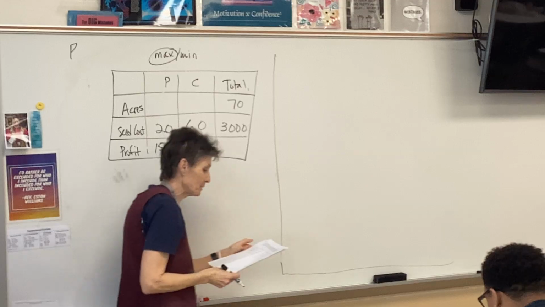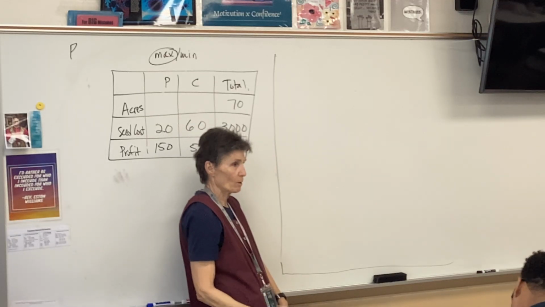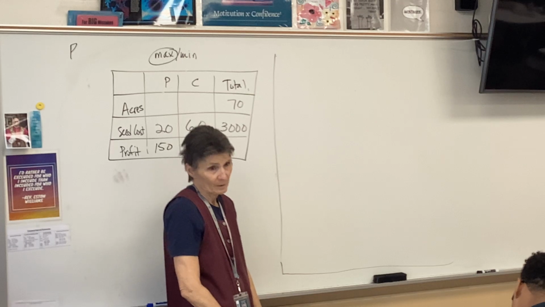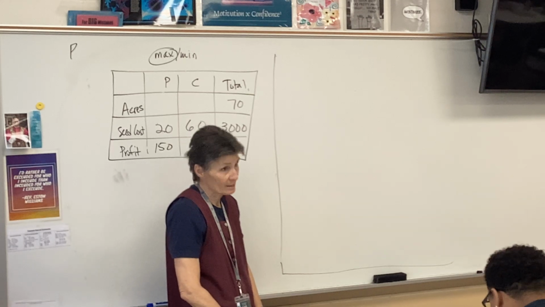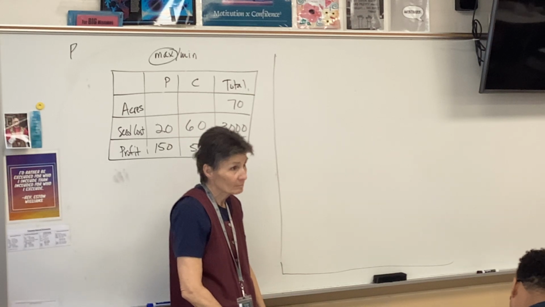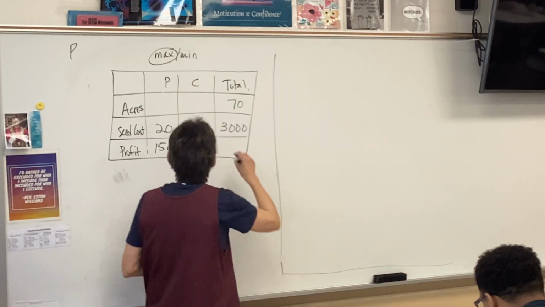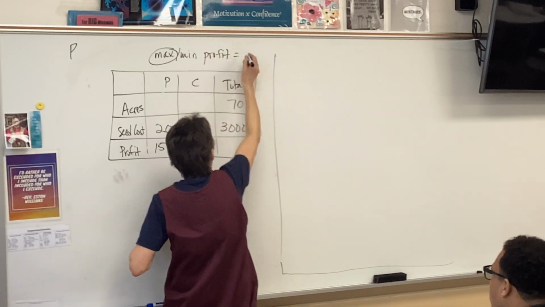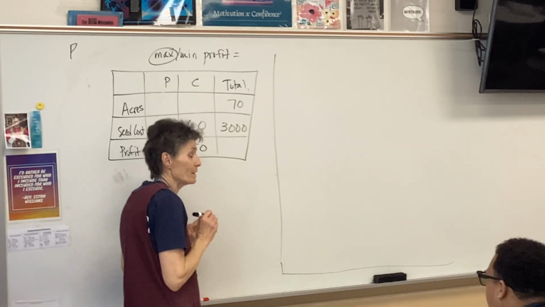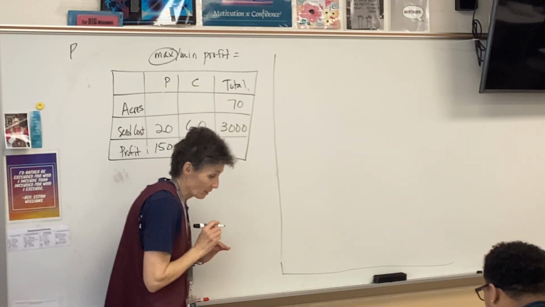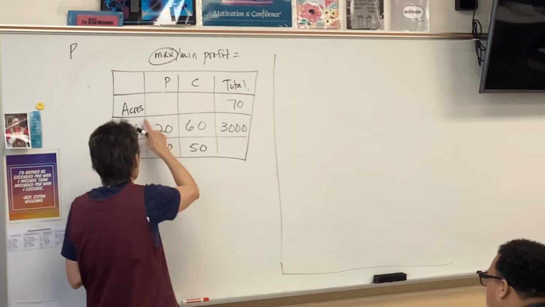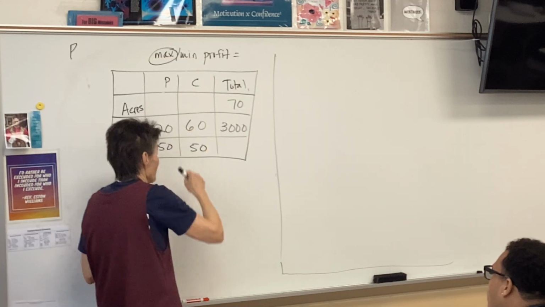Find the optimal solution for the farmer. What does that mean? What are we trying to do here? Maximize his profit. And how are we going to do that? Well, how many acres of potatoes and corn am I planting?